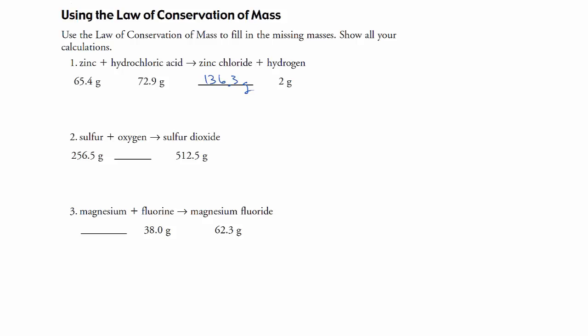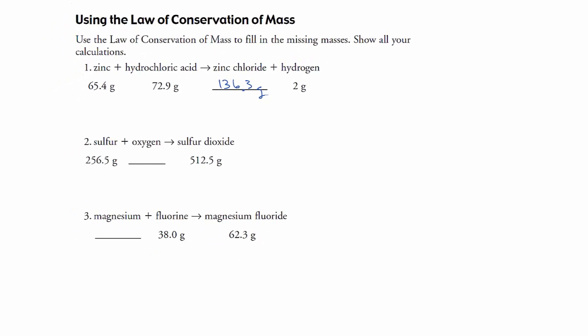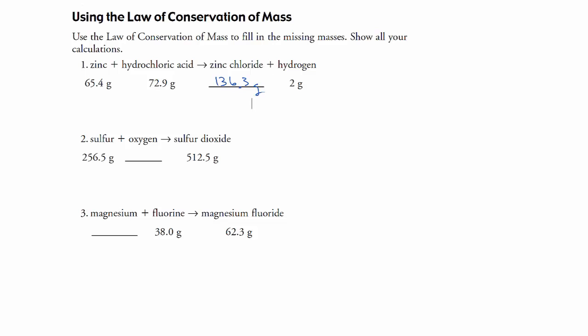Makes sense? Makes sense. We are looking at sulfur, 256.5 grams, and then we're adding oxygen to it. This is a combustion reaction. We're basically burning sulfur in air, and the oxygen is combining with sulfur to form a gas called sulfur dioxide. The total mass is 512.5.